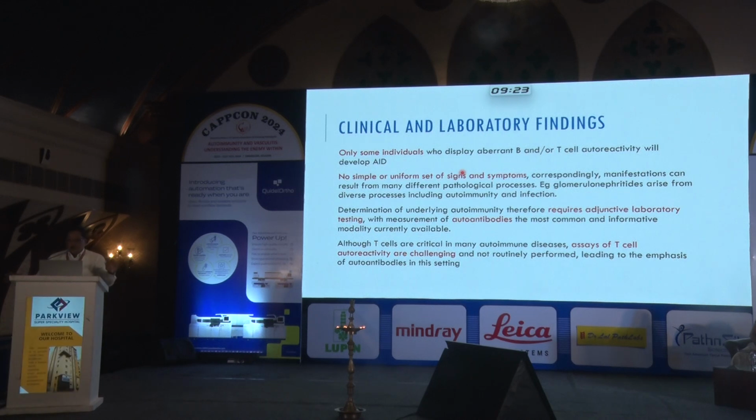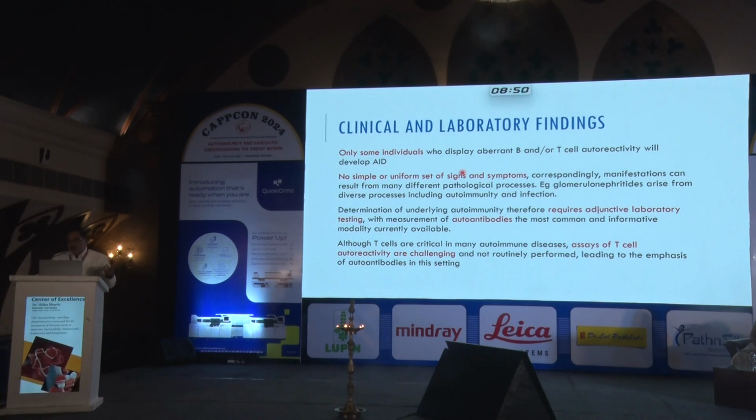So, for example, if you take glomerulonephritis, the morphologic manifestations that you see in a biopsy would be similar to what is caused by infection. So it's basically the inflammation that happens, and that's why you require adjunctive laboratory testing. The easiest method of detecting autoimmunity is demonstration of autoantibodies, because that is easy.